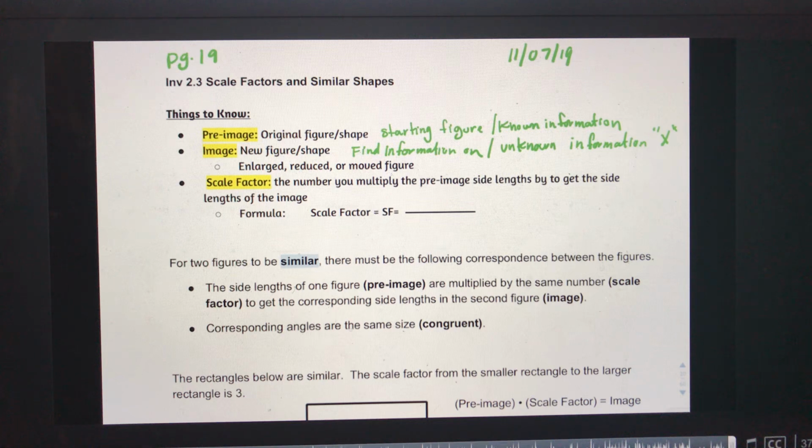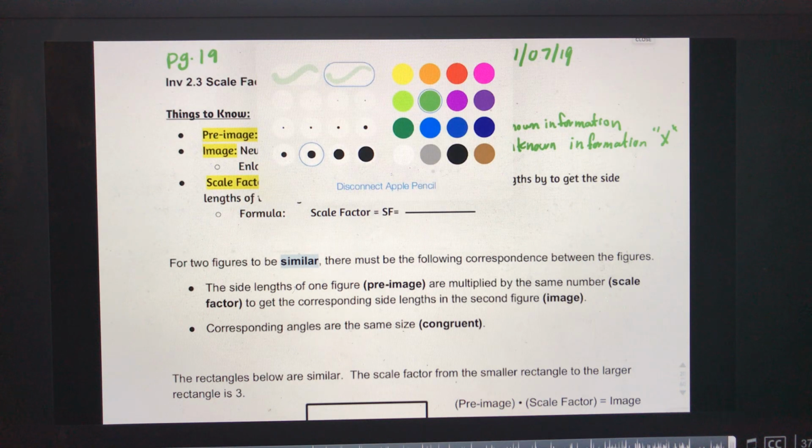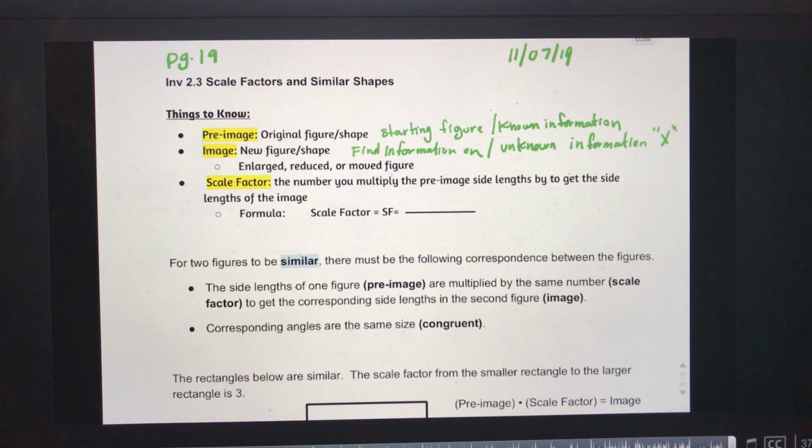Scale factor is the number that you multiply by in order to get the pre-image length to the side lengths of the image. You should bold these items. These items are important. So the pre-image to the image.